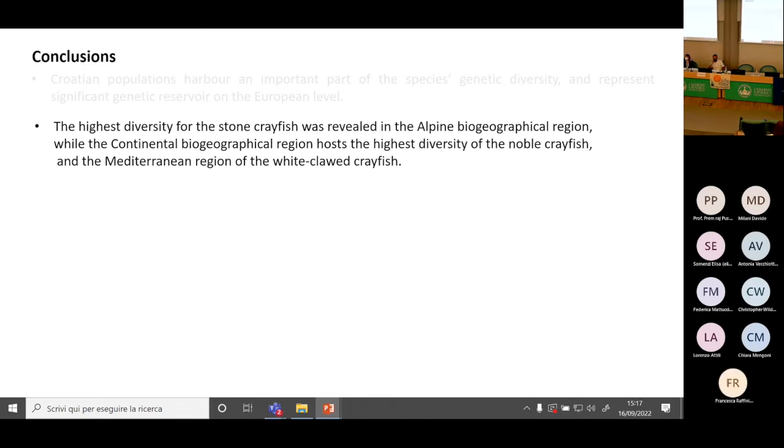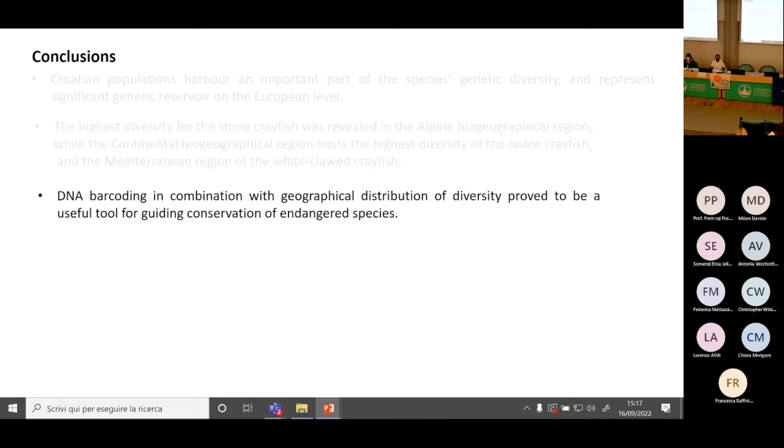Stone crayfish highest diversity was revealed in the Alpine biogeographical region, while the continental biogeographical region hosts the highest diversity of noble crayfish, and the Mediterranean biogeographical region of the white claw crayfish. In combination, the geographical distribution of diversity can give us some ideas, and it can be used as a useful tool for guiding conservation of endangered species.